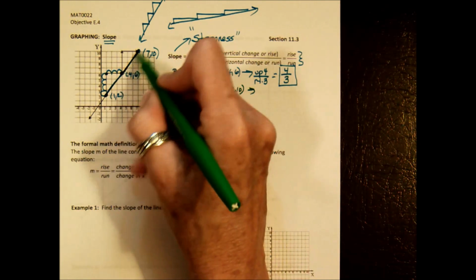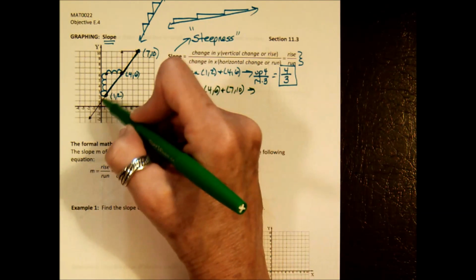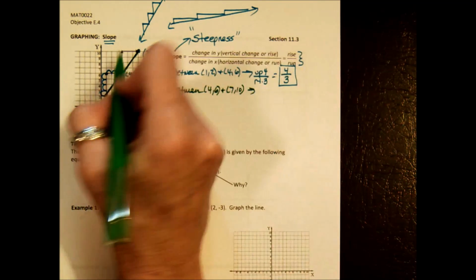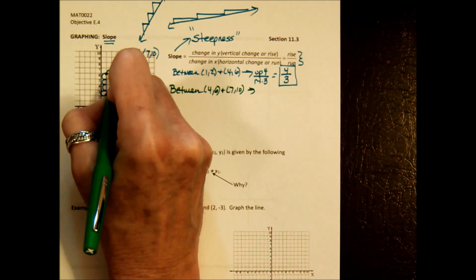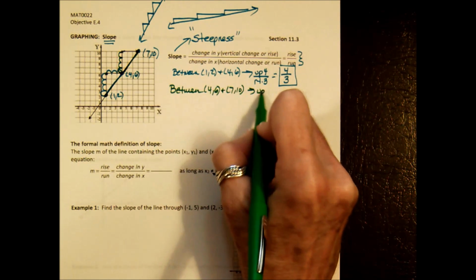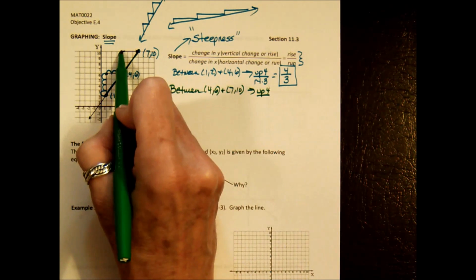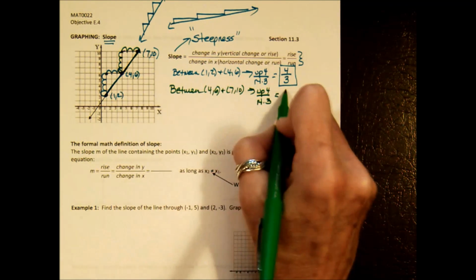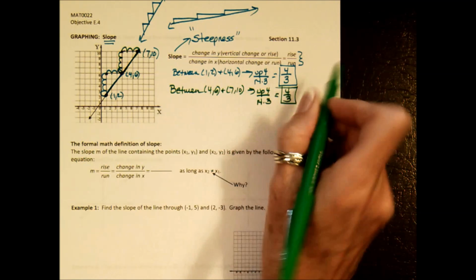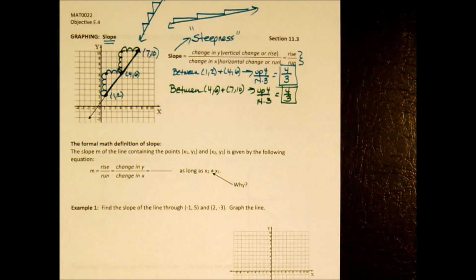Did that steepness change? It really didn't. It's the same line, isn't it? So let's look at it. Here, if I do rise over run, it's going to be up 1, 2, 3, 4. So once again, it was up 4. And then here, it's right 1, 2, 3. So it's exactly the same, and I still end up with 4/3.